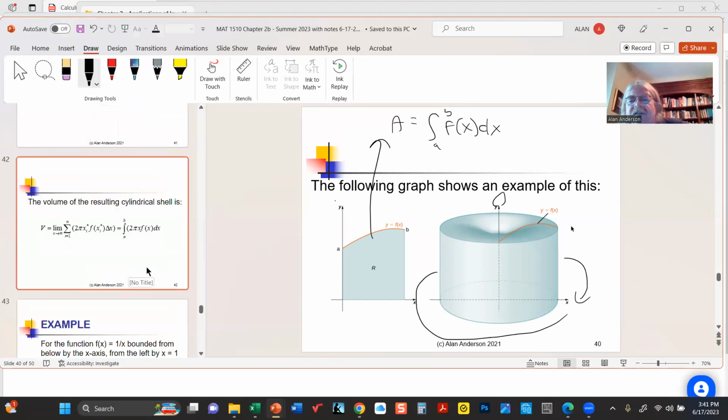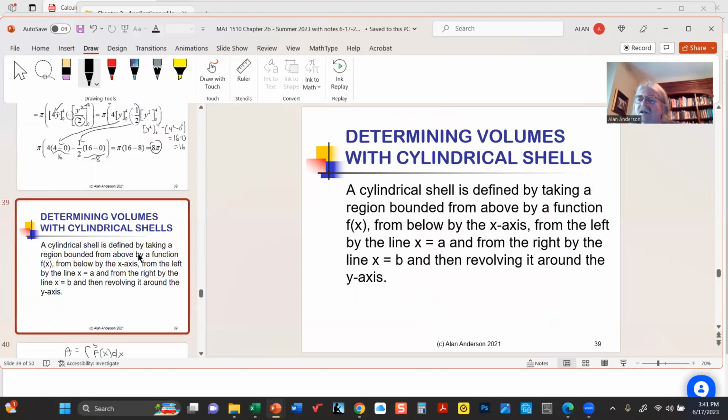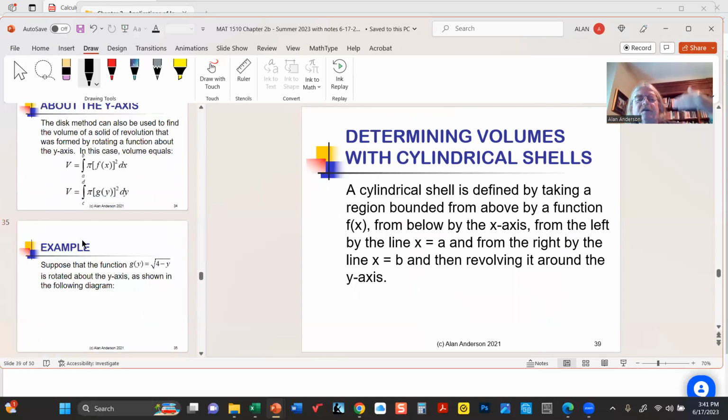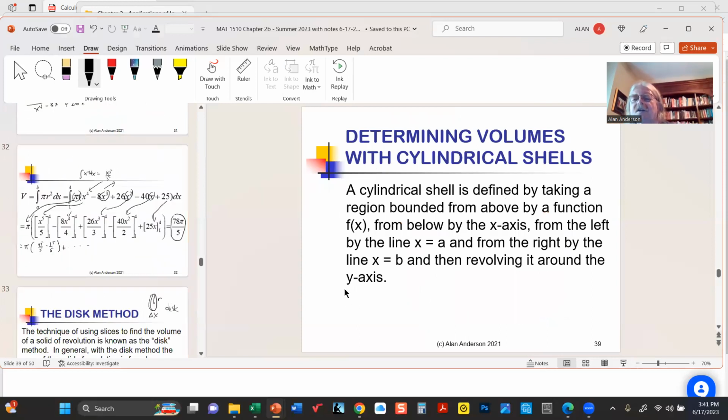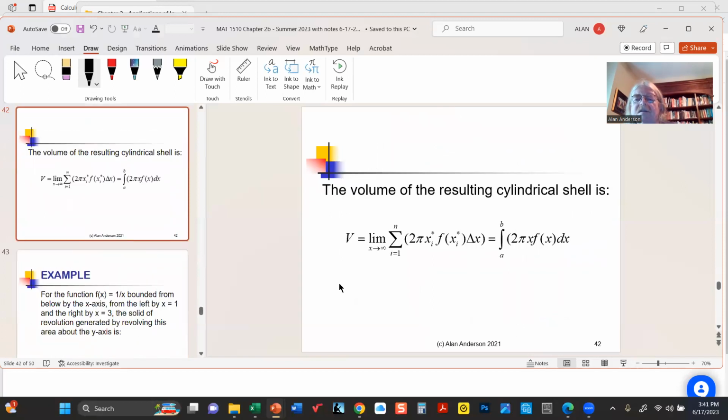And this technique is often called the shell method, by the way, because the shape itself is defined not as a cylinder as such, but as a cylindrical shell, it's called. All right, so just remember, this technique we started out with is called disk. This one is shell. And this is how it works.